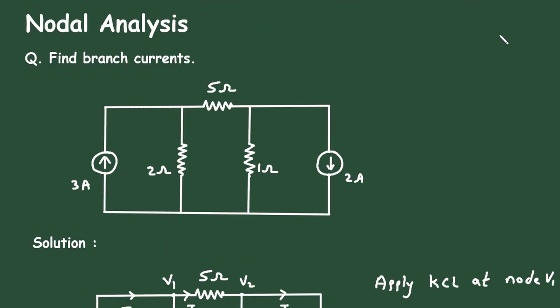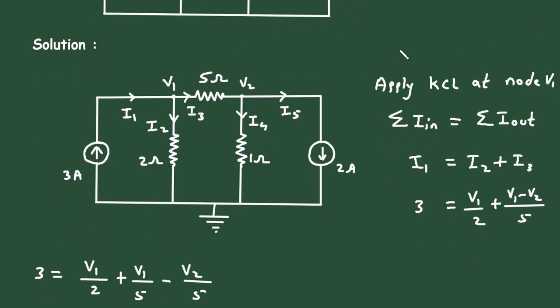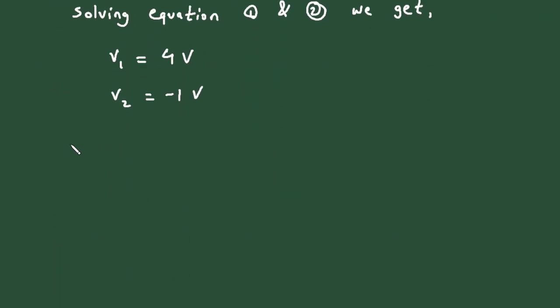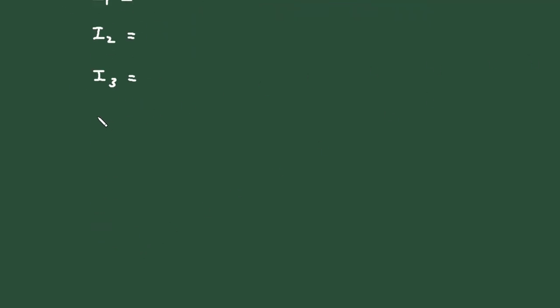Now what we have to find in this question is the branch currents. That is, we have to find I1, I2, I3, I4 and I5. So let's write the branch currents: I1, I2, I3, I4 and I5.